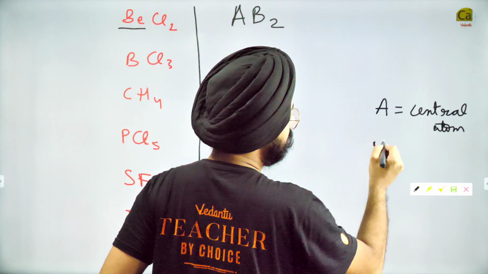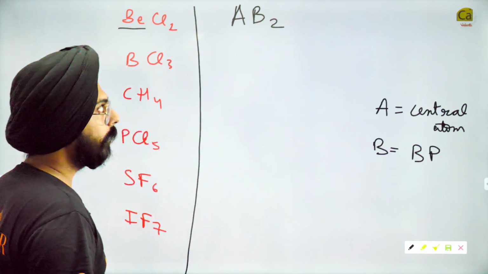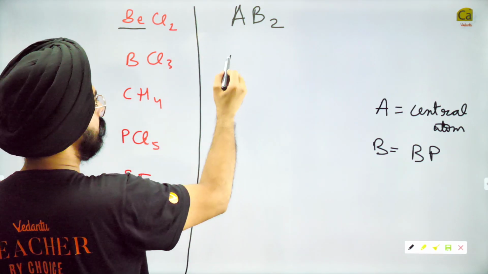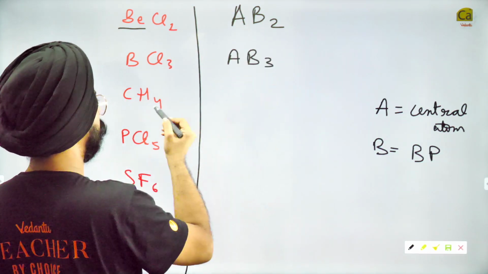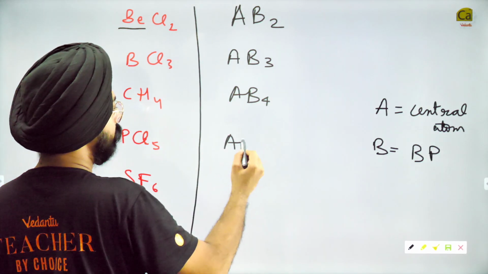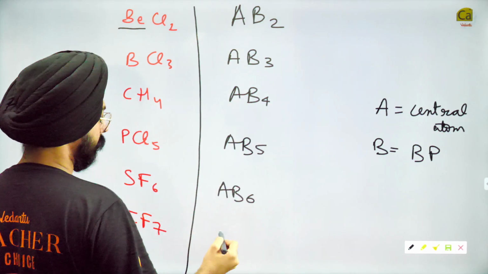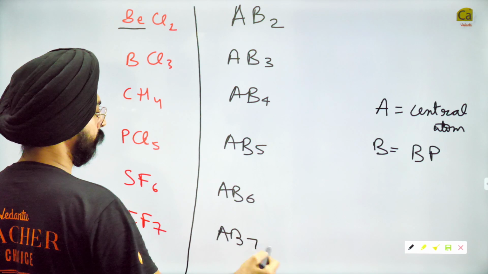Okay, B refers to the number of bond pairs. ठीक है, so this is an AB2 kind of a structure, this is AB3 kind of a structure, this is AB4 kind of a structure, this is an AB5 kind of a structure, this is AB6 type of a structure, and this is AB7 type of a structure.